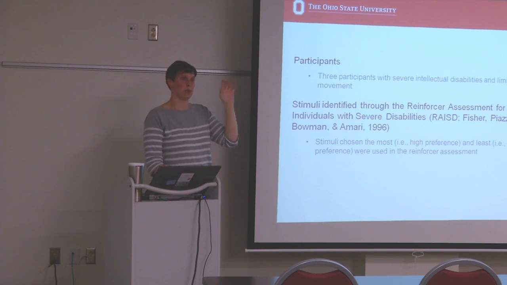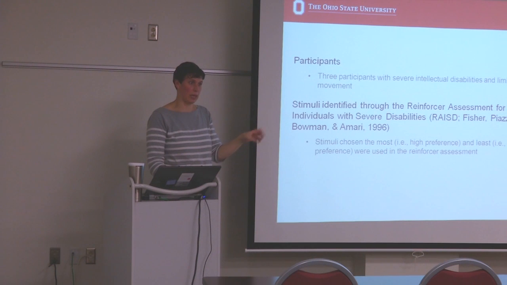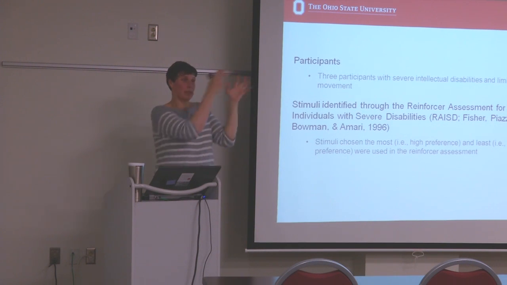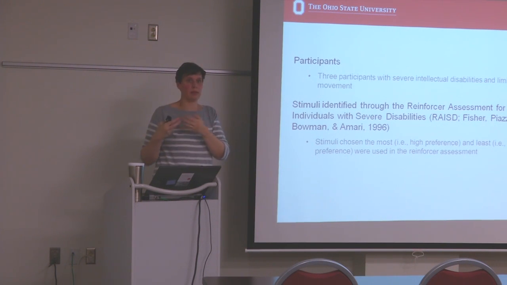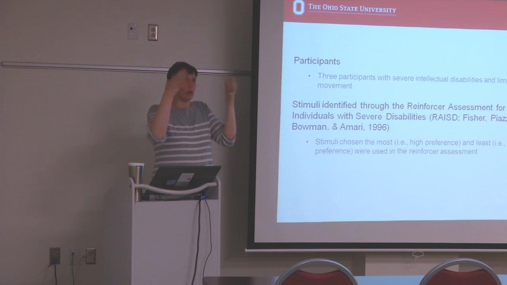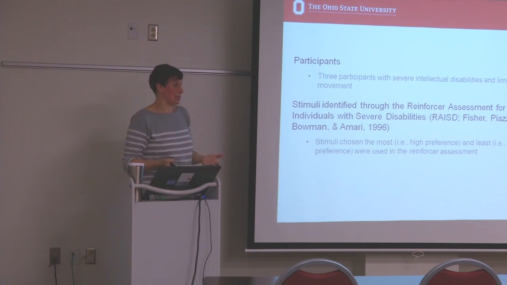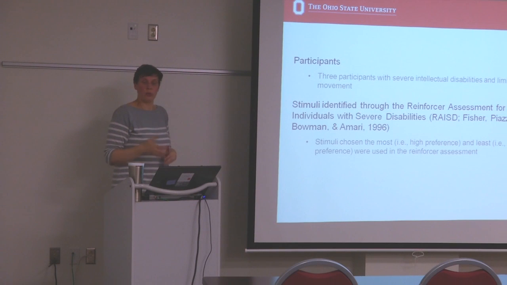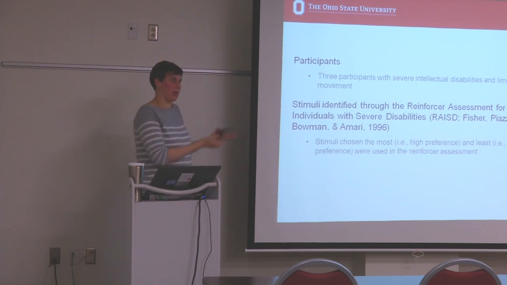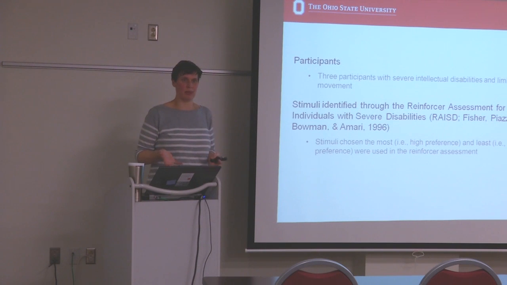What are some things that the student likes to smell? Are there visual stimuli that the student seems to like? Are there tactile stimuli? In each of these categories, the respondents tell you what are some things that they think the person likes. We always use this survey as a way to gather an array of items to test in a preference assessment.